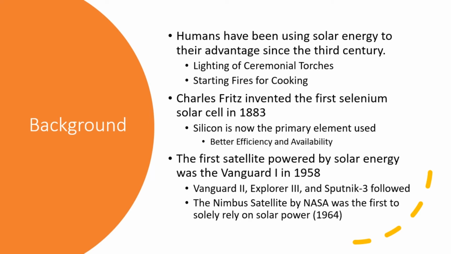The first satellite powered by solar energy was the Vanguard 1 in 1958. That's 11 years before man even stepped foot on the moon. The Vanguard 2, the Explorer 3, and the Sputnik 3 followed with being powered by solar energy, but the Nimbus satellite by NASA was the first to solely rely on solar power, meaning it didn't have any other means of powering itself, whereas you could think of the Vanguard 1, Vanguard 2, Explorer, whatever, as kind of like a hybrid.